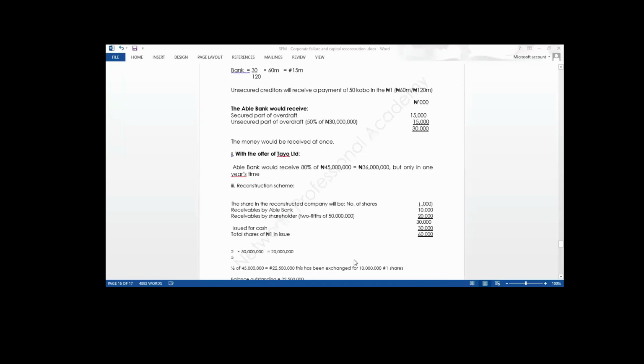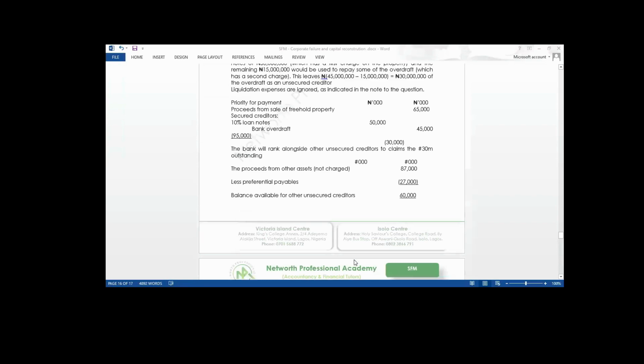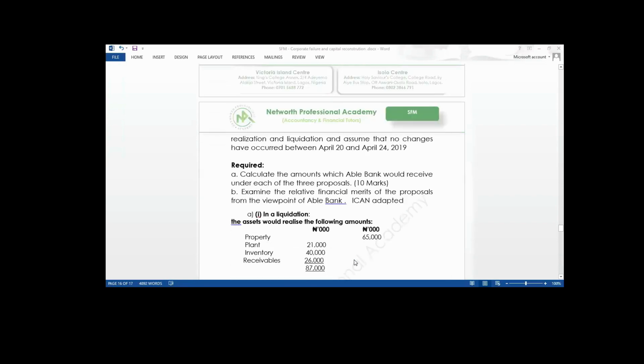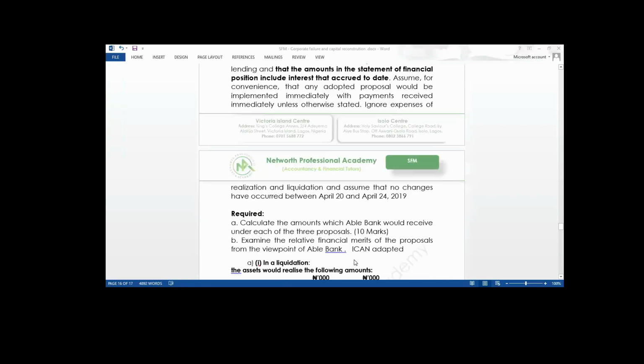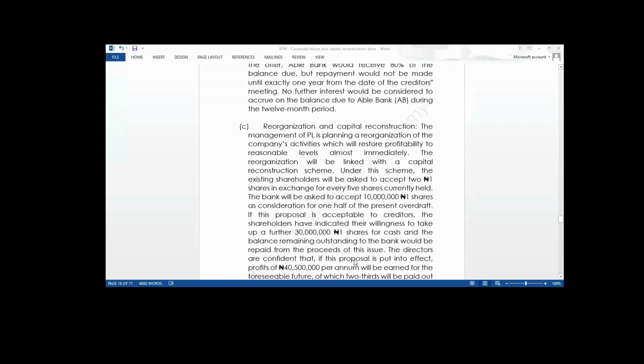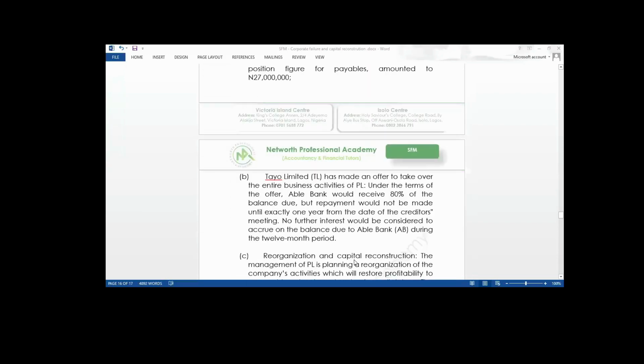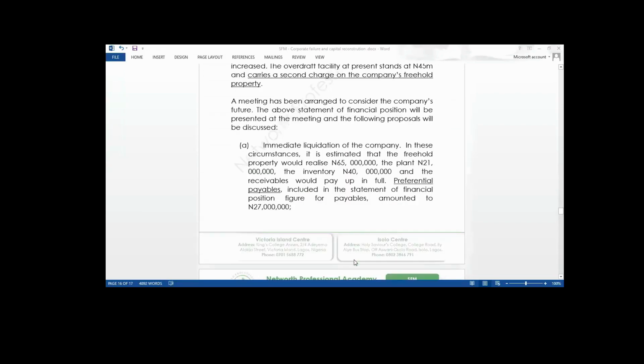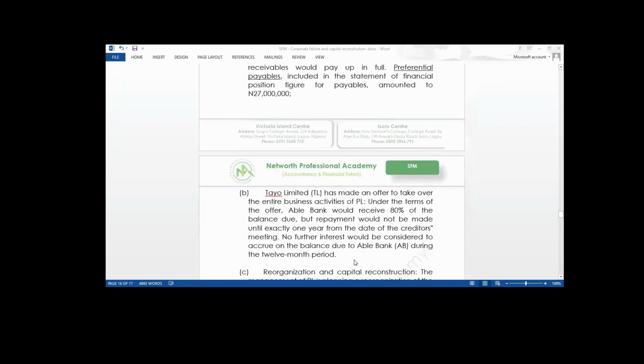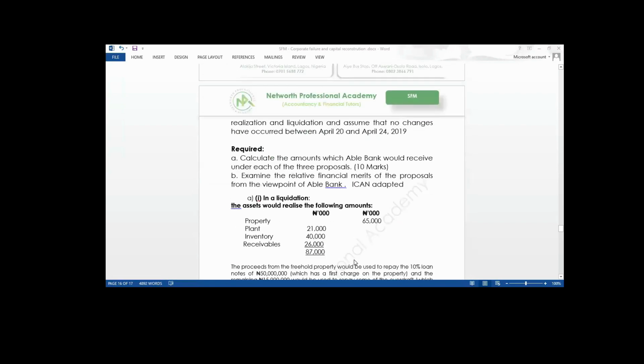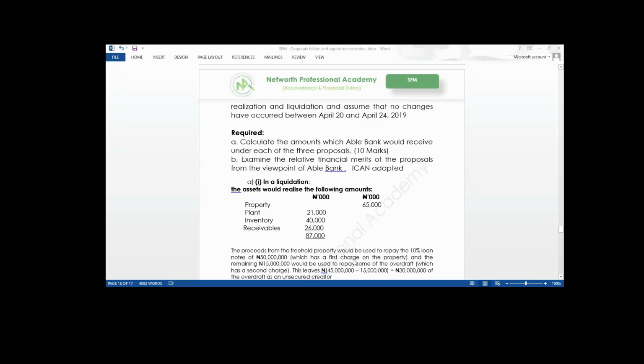That takes us to the B part of the question. Look at the B part of the question. Explain the relative financial merits of the proposals from the viewpoint of Able Bank.